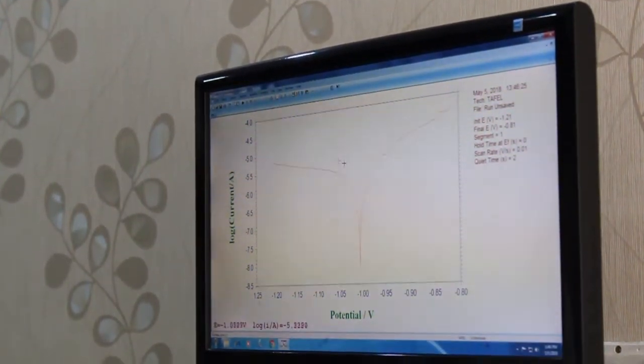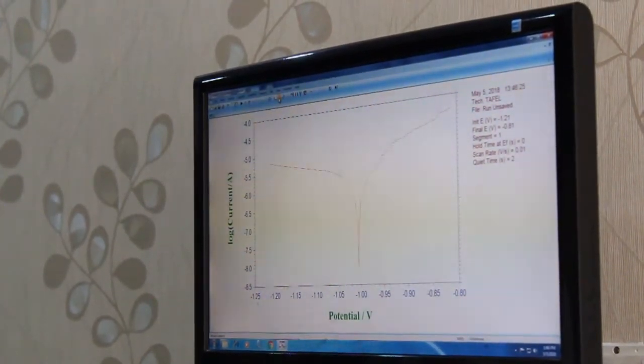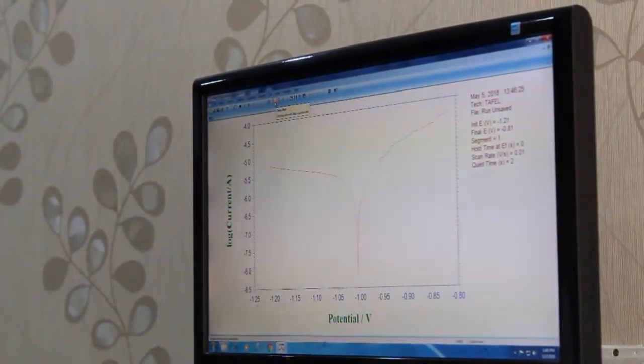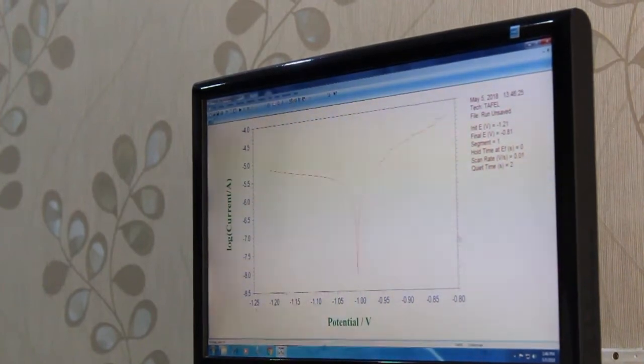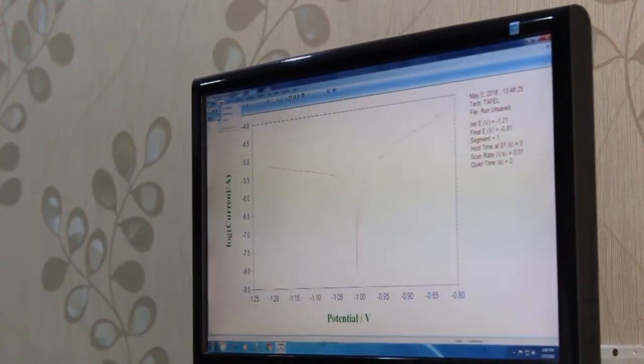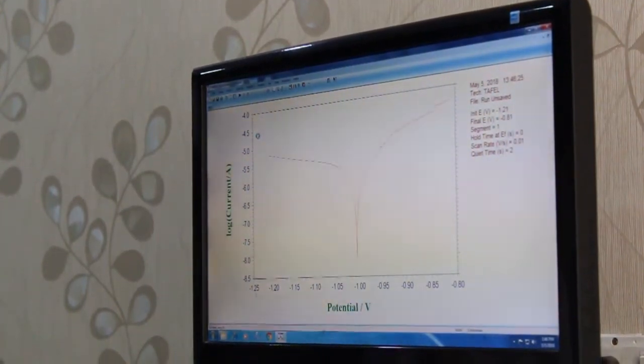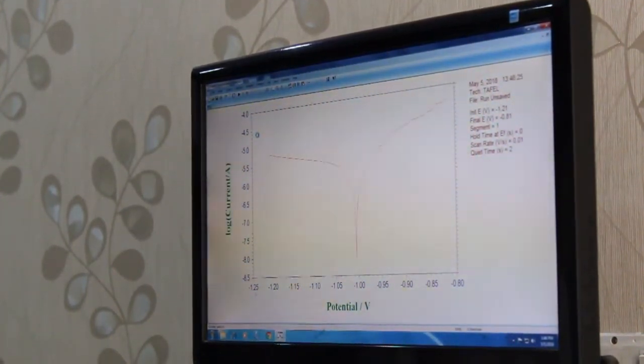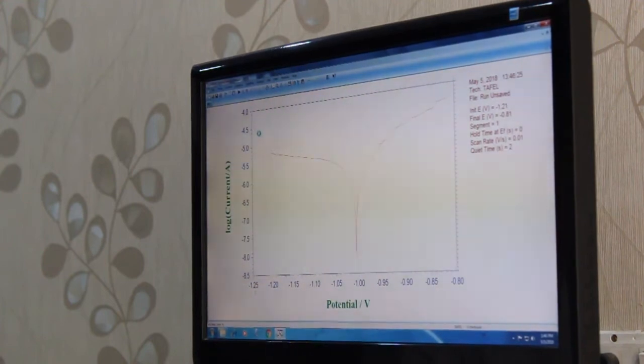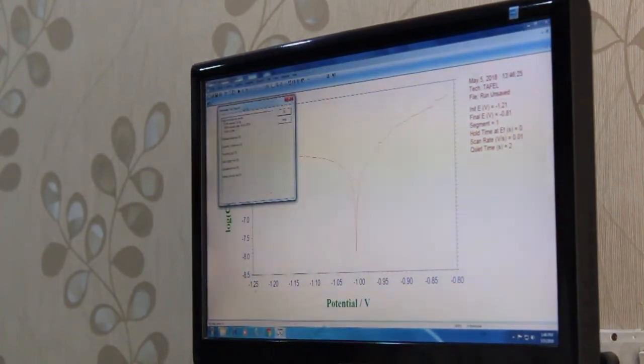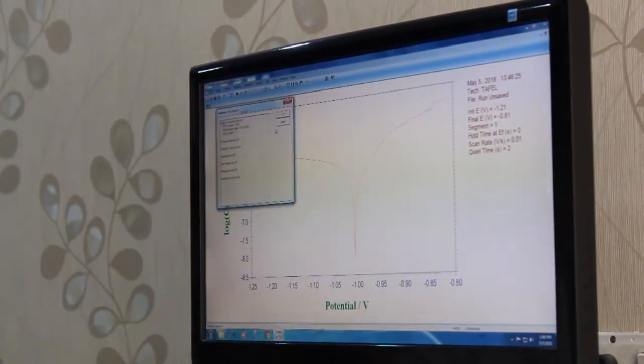Now I do not know what to do. At this point I stop the measurement and make sure that my hardware is correct. I do a hardware test. The hardware test seems to be fine.